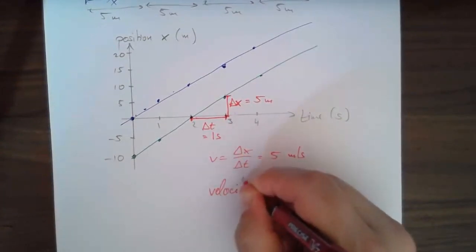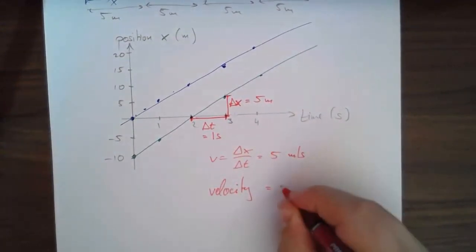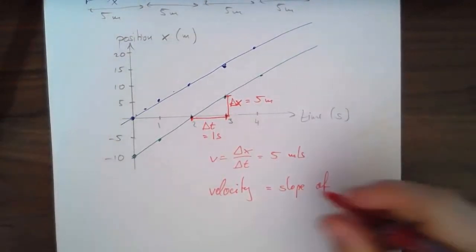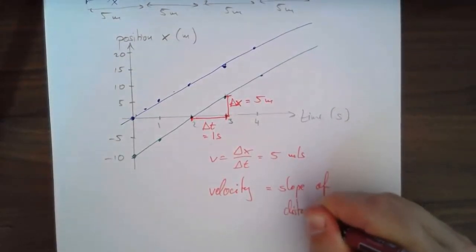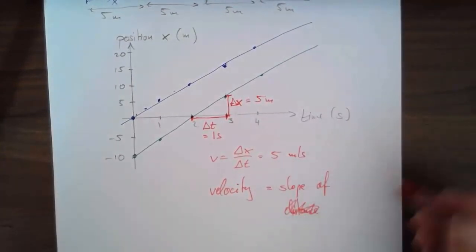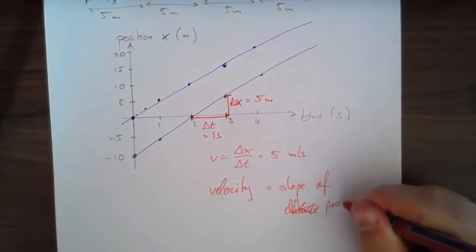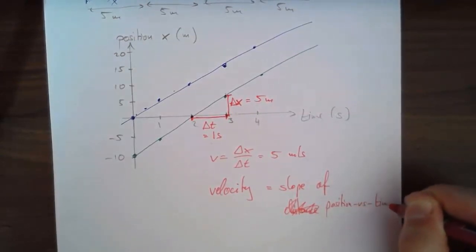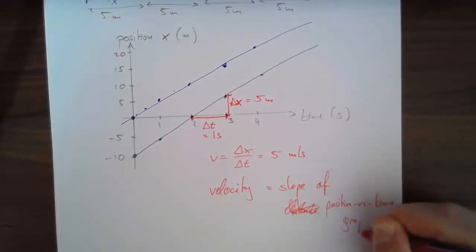Let's write this down. Velocity is the slope of the position versus time graph.